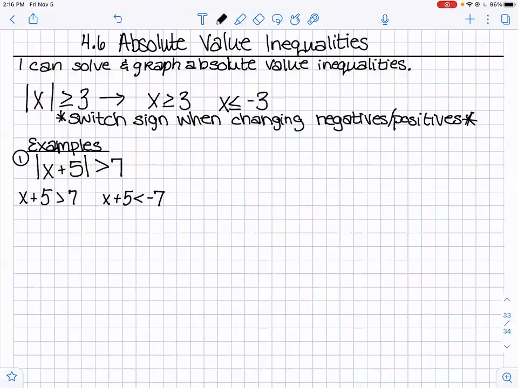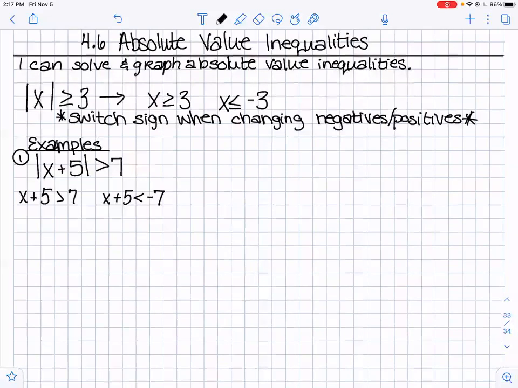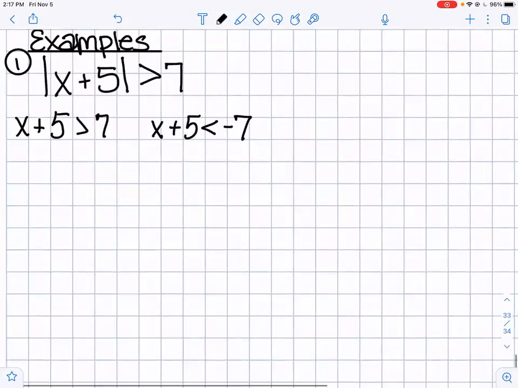So this one, you got to change the positive to a negative and flip the sign around. So basically both things we've been learning.